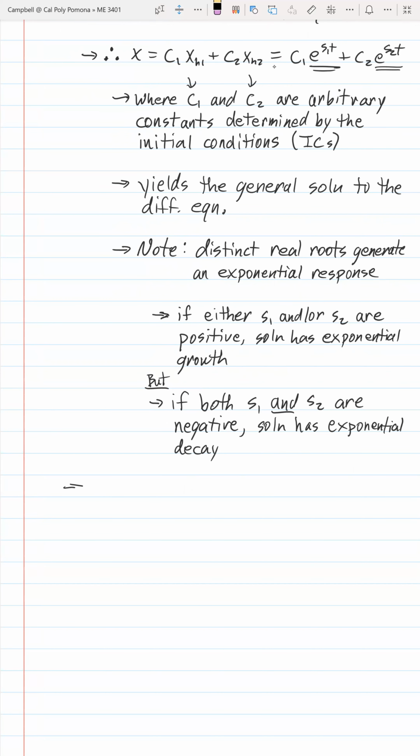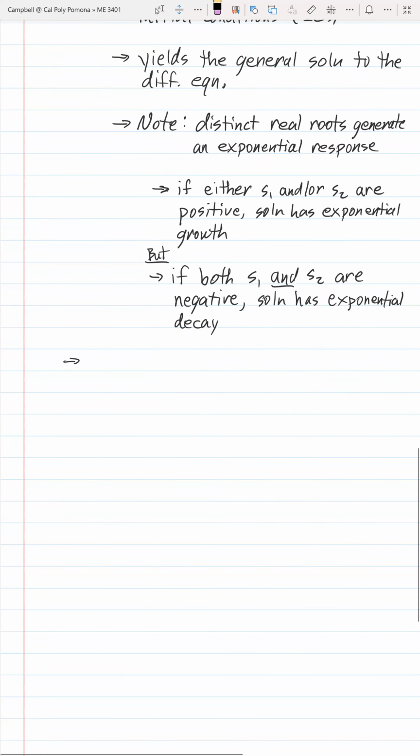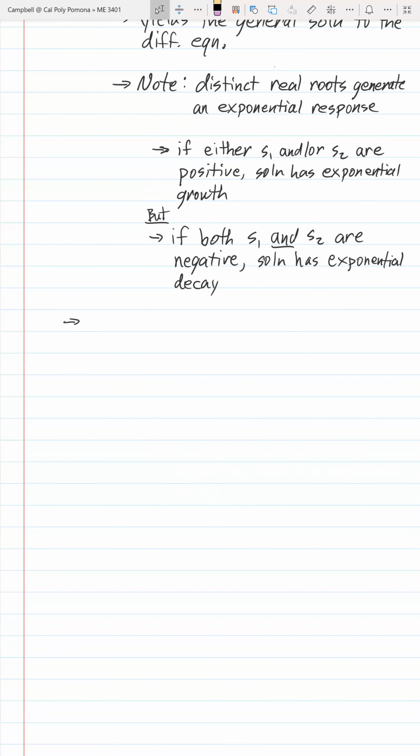And let's see why. There's a couple different ways that we can look at it. Here we just saw that these two constants just naturally came out of the development associated with this solution for the differential equation.